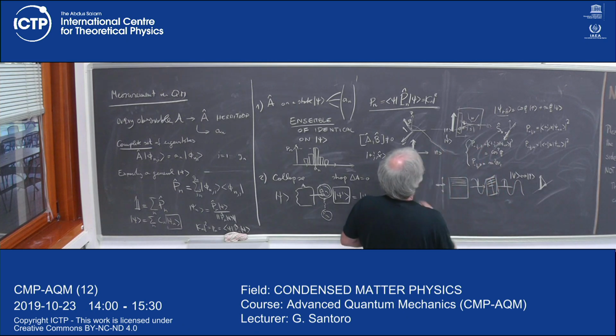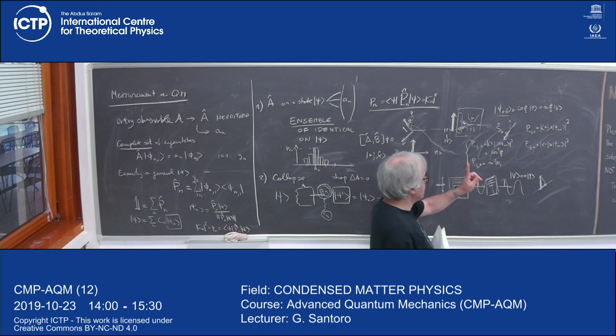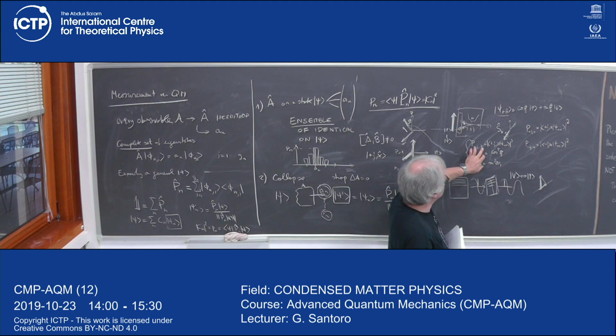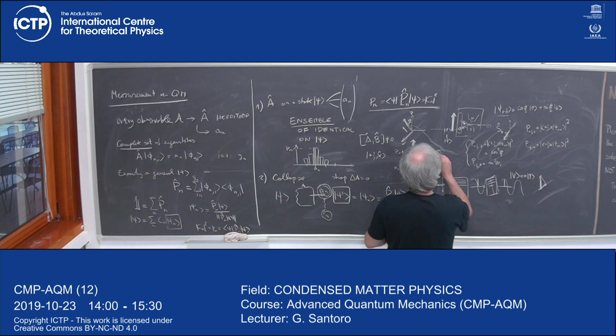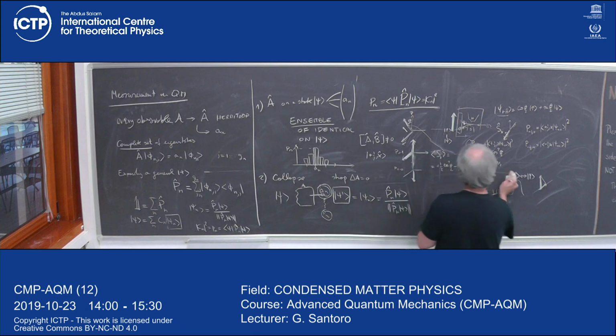Given that, I could ask you, what's the average value of the spin? I measure plus 1/2 with this probability and minus 1/2 with this probability. So the average of Sz is plus 1/2 with probability cos square of theta over 2 and minus 1/2 with probability sine square of theta over 2. What is the result?